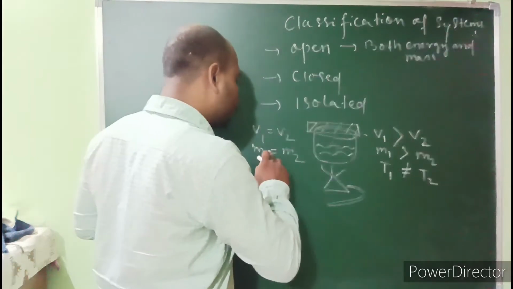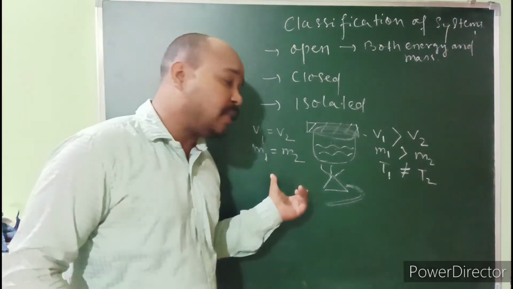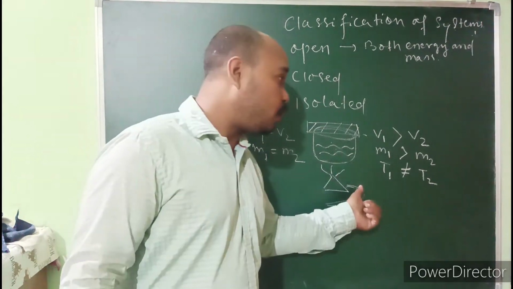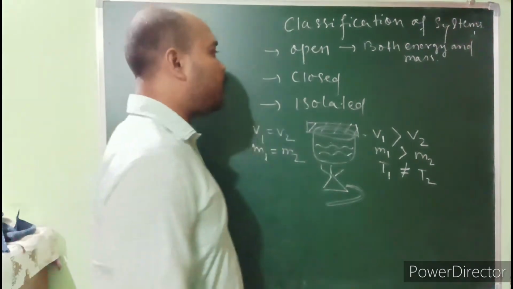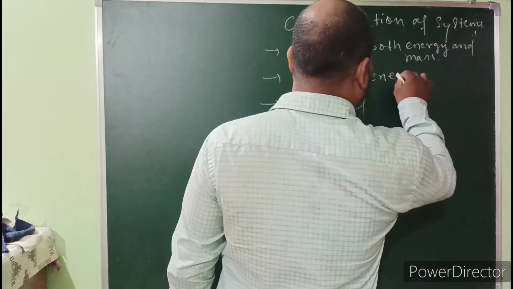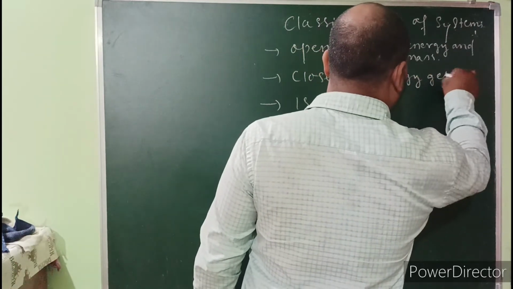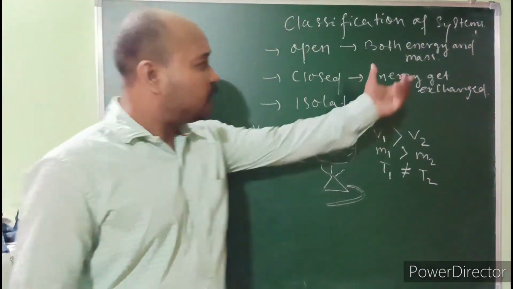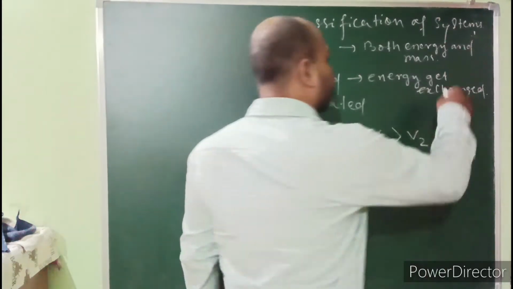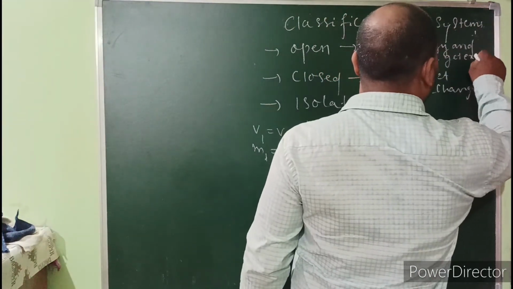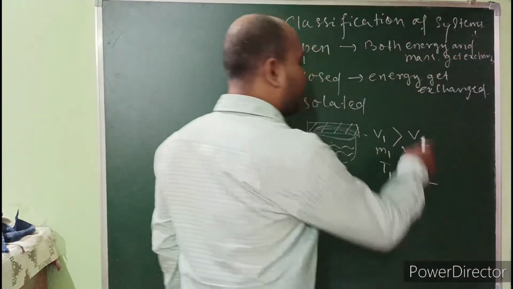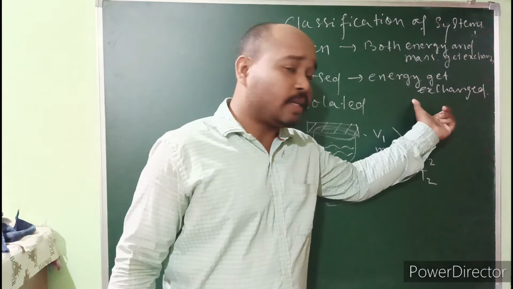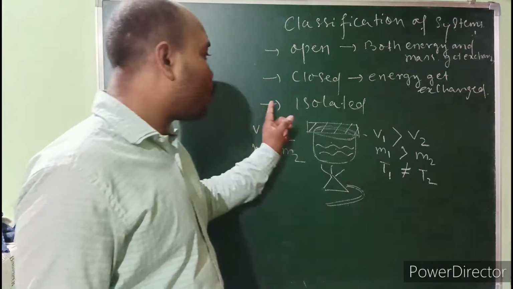M1 equals M2. So in a closed system, volume and mass will not change, but temperature will rise and fall, so energy exchange can happen. So in the first case both energy and mass get exchanged. The system in which only energy can be exchanged between system and surrounding is called closed system.